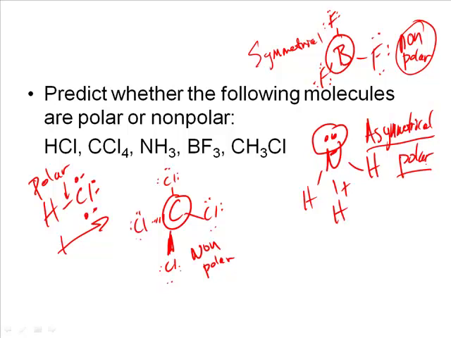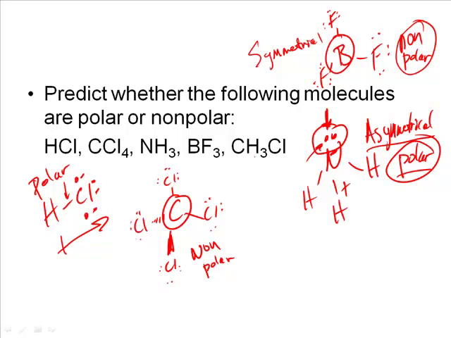Okay, there are a couple of exceptions to that, but that is a pretty general rule. If the central atom does not have any dots on it, it's pretty much going to be nonpolar because it's symmetrical. If the central atom does have dots on it, then it's going to be asymmetrical and therefore polar because those 2 dots are throwing off the symmetry of the whole molecule.